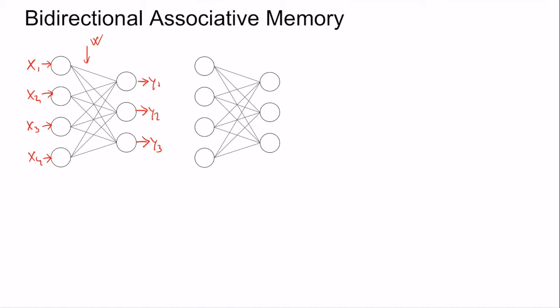But now what we do is we take our new output and we feed it into the network from the opposite side. So we feed now y1, y2, y3 from the opposite side.